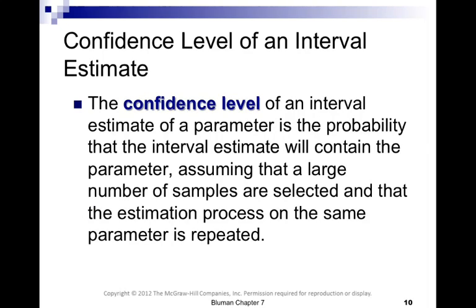The confidence level of an interval estimate is the probability that the interval estimate will contain the parameter. So there's a probability that it does fall within that range. We have to assume that a large number of samples are selected and the estimation process is repeated.